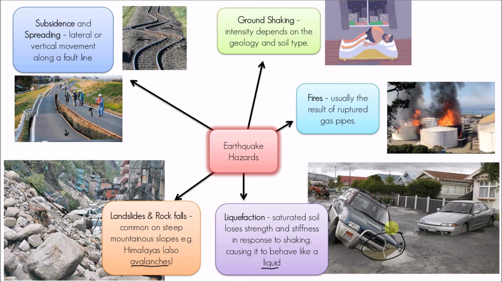So as disruptive and frustrating as it will be for that car owner to come out and find their car like that, we also have to again consider the impact this has on the foundations of buildings. Very, very damaging, and buildings would struggle to remain standing in an area that's suffered from this sort of level of liquefaction.